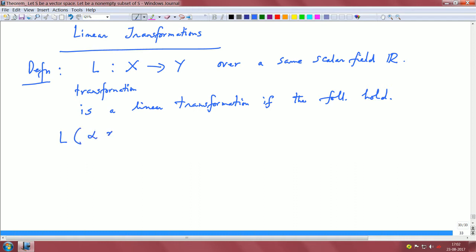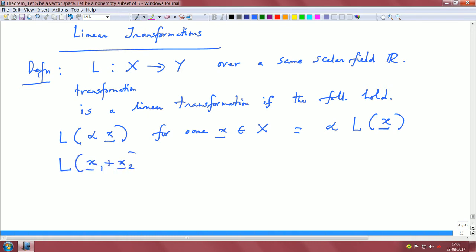L of alpha x, for some x belonging to this space X, is alpha times L of x, the mapping of this vector x under this transformation, and then L of x1 plus x2 is L of x1 plus L of x2.